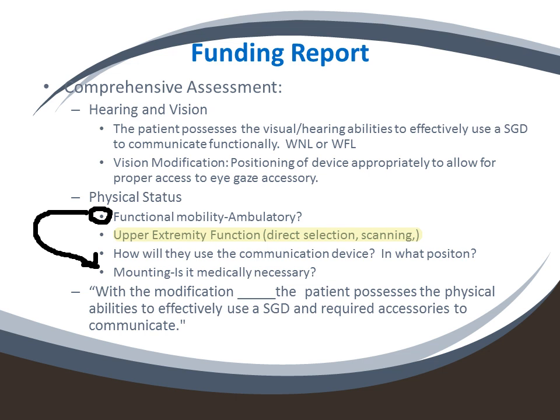Scanning is the only method of selection that isn't direct because there's extra tools involved. But other methods of direct selection are touch, joystick, or mouse simulation, or something of that nature. You have to rule all of those out and tell why you did.